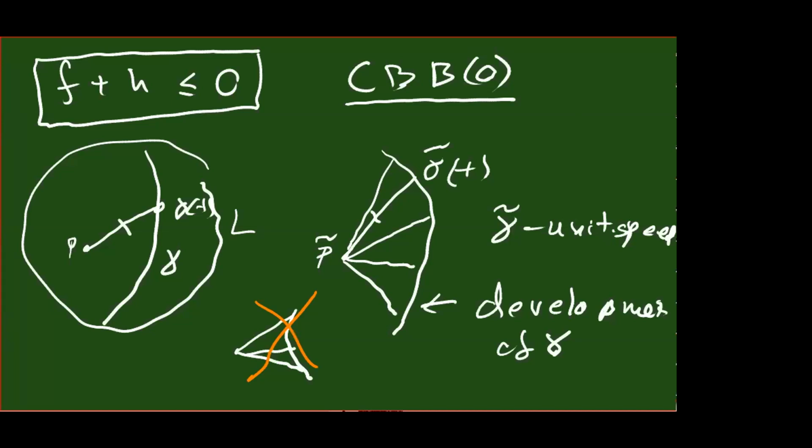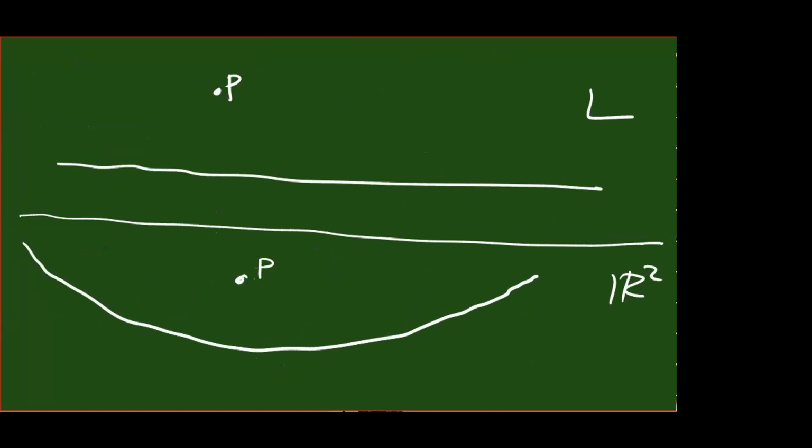Now let us try to apply this in our case. We have a line, and I choose some point P and apply the development. This was the picture in our space L, and now I have the picture in the plane, a convex curve like this.